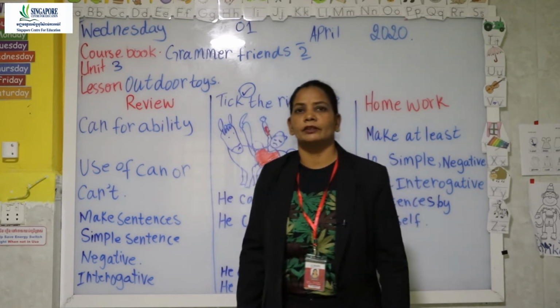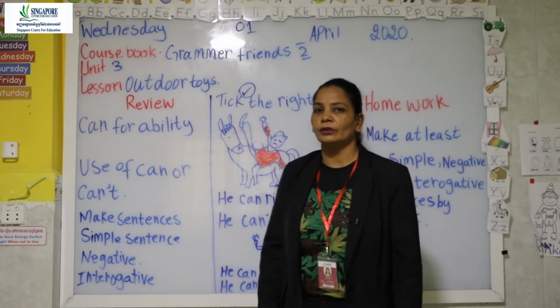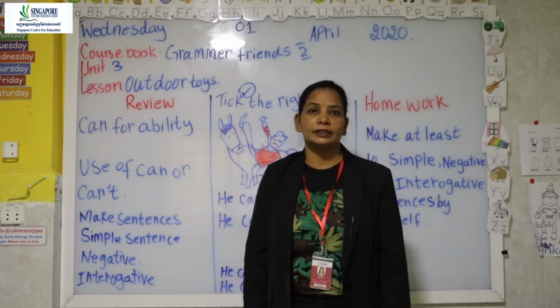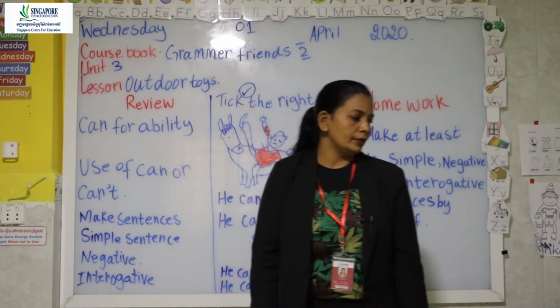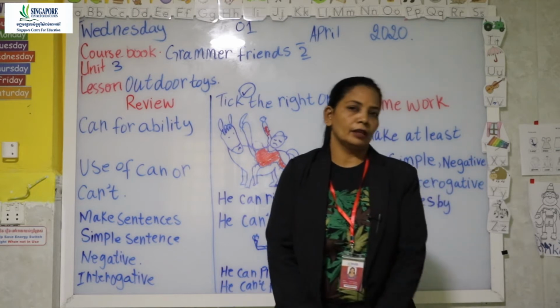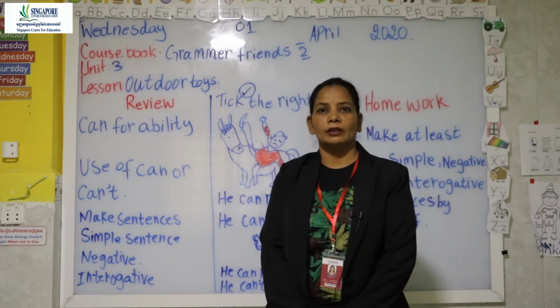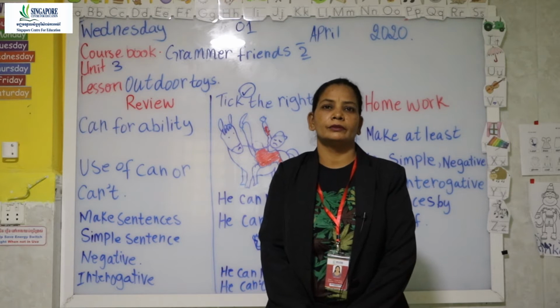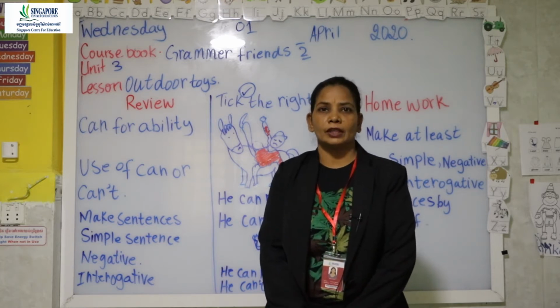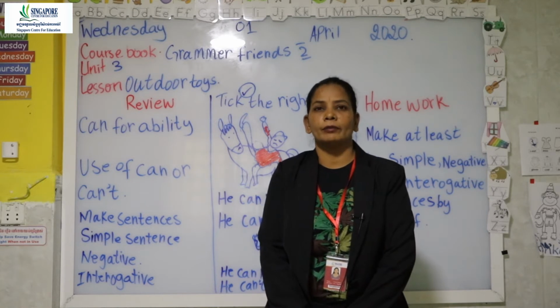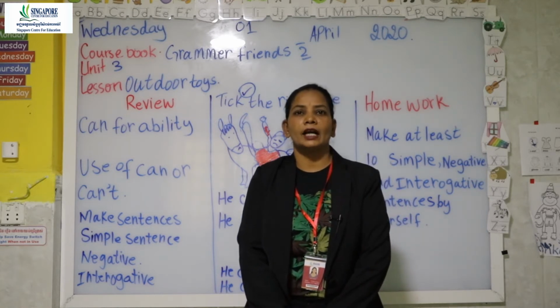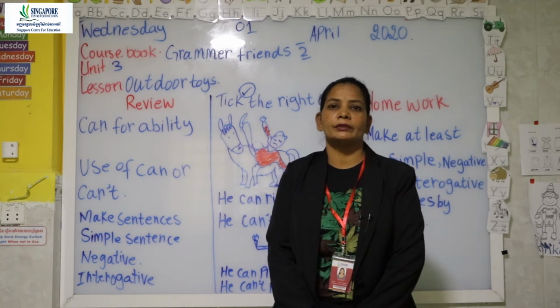We have just reviewed, okay, as you know, can for ability. Can means that you are able to do something or not able to do something, so we use can if you are able to do something, and can't if you are not able to do something.